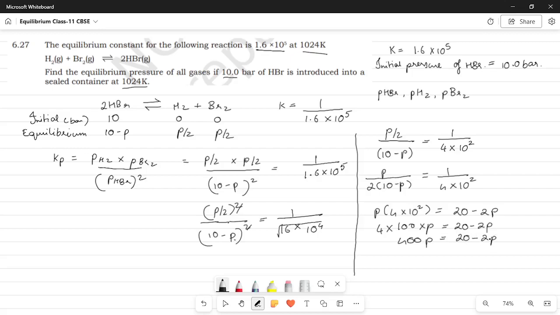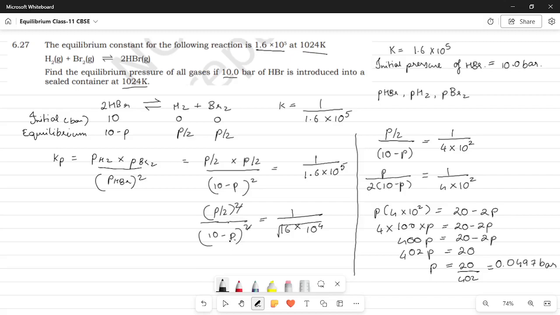So when you bring this over to this side, you will have to add. So it's 402p equal to 20, and p will be equal to 20 divided by 402. And this gives us a value of 0.0497 bar. So this is the value of P. Essentially what we've done is we've solved for P.